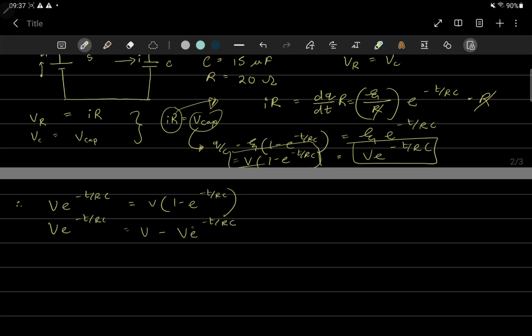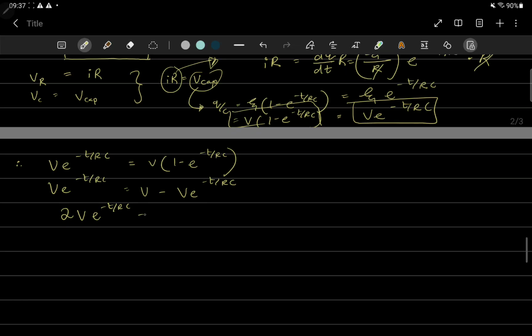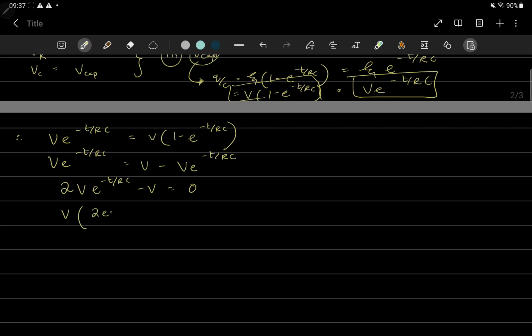So you get two expressions that are the same over here. So you take that to this side, you get 2V e to the power of minus t by RC equals V. Or I can just do minus V equals 0, and then you take V common. So you get 2 e to the power of minus t by RC minus 1 equal to 0.